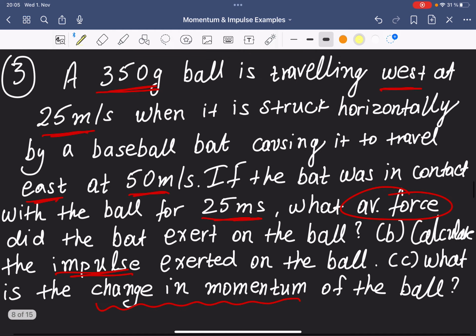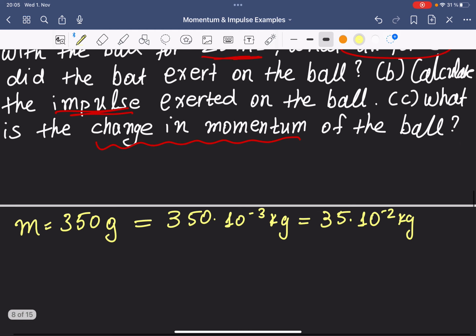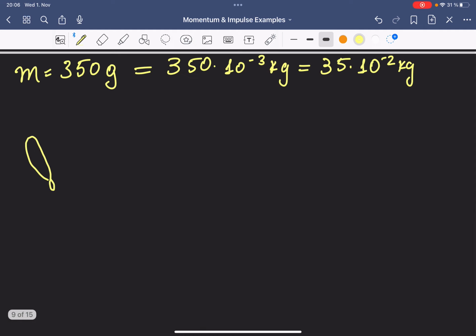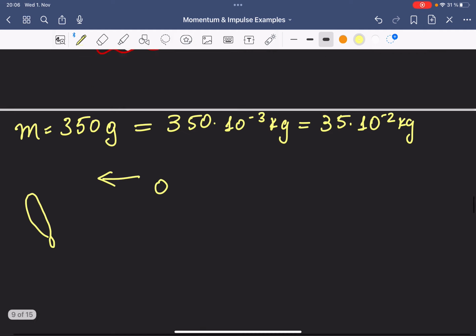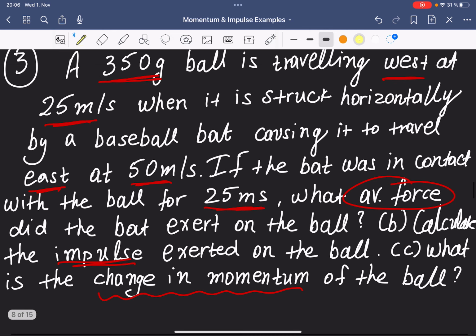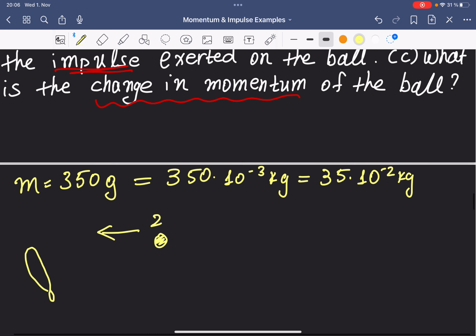Let's try and draw this scenario. We have this baseball bat looking like this, and we have the ball that is traveling in this direction with 25 meters per second.